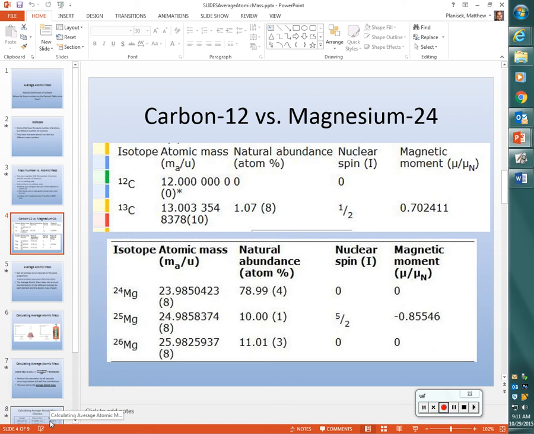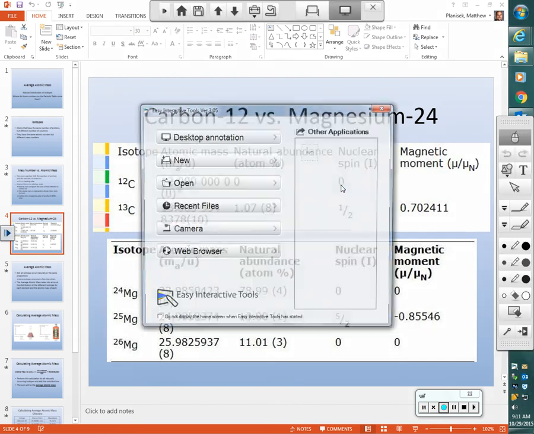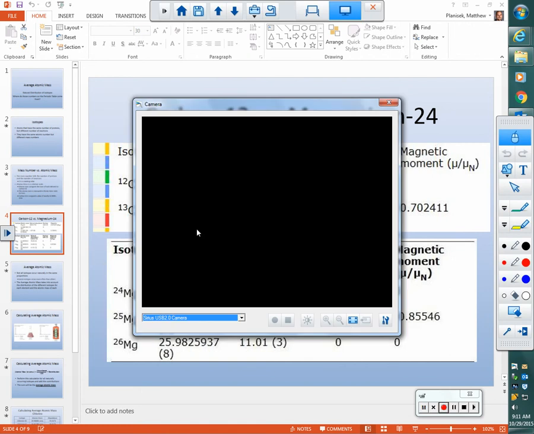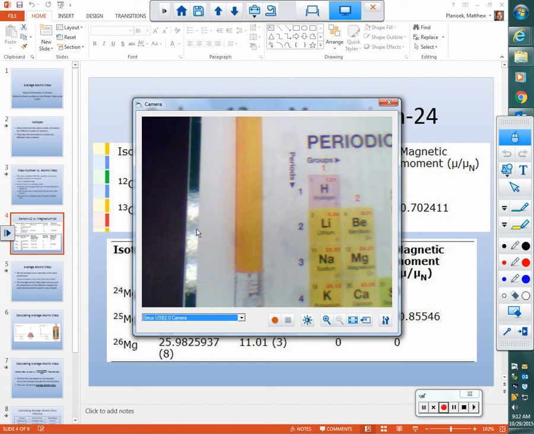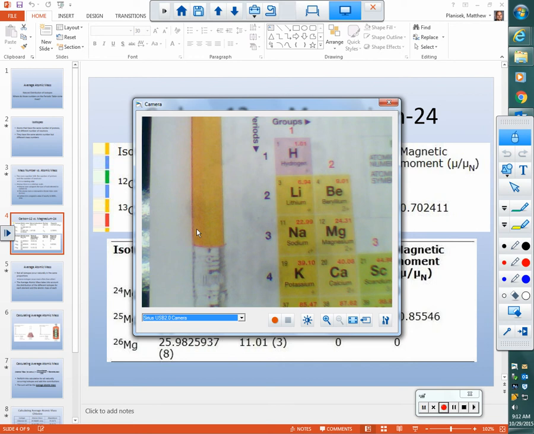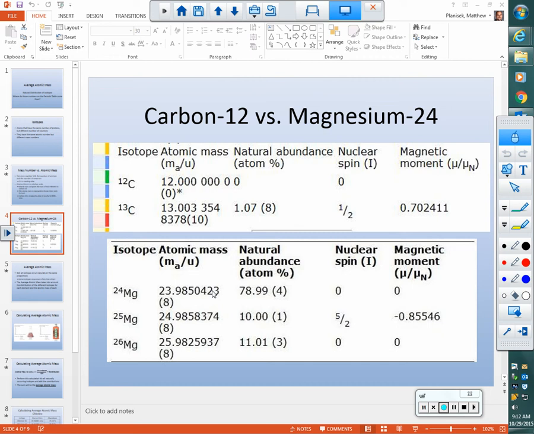Good there. But then we also got into the discussion that while atomic mass is a comparison of the size of atoms to carbon-12, when we look on the periodic table, we looked at magnesium, and the atomic mass listed for magnesium is 24.31, which isn't any of these values listed on the table for magnesium, right? Because we said that value on the periodic table is a what?